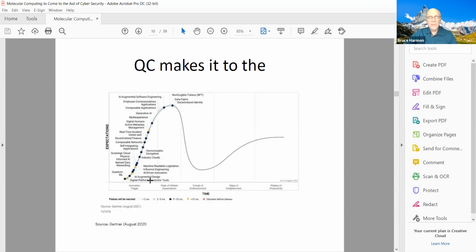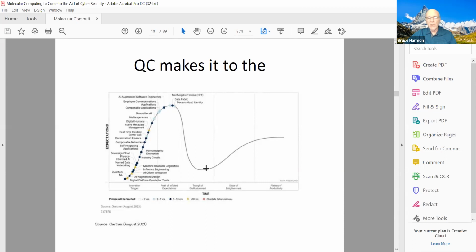And I do want to say that if you've ever followed the Gartner hype curve, it's of note that this year, for the first time, the quantum computer appears on it. Briefly, the hype curve is where different technologies experience a lot of hype before people begin to realize that they're really not up to what the hype was telling us.